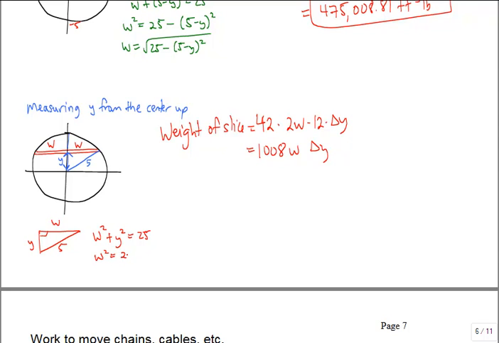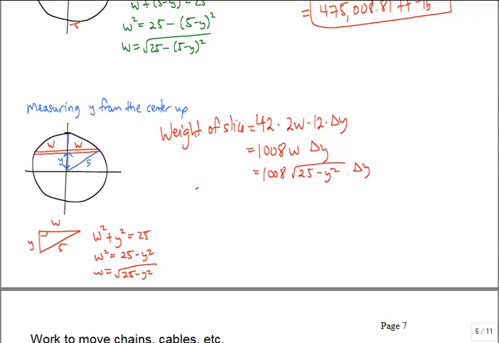So w squared equals 25 minus y squared. So w is just the square root of 25 minus y squared. And so now my weight function is a little bit simpler than the other one we had, where instead of a y squared here, we had that 5 minus y quantity squared up here. So it's a little bit cleaner.